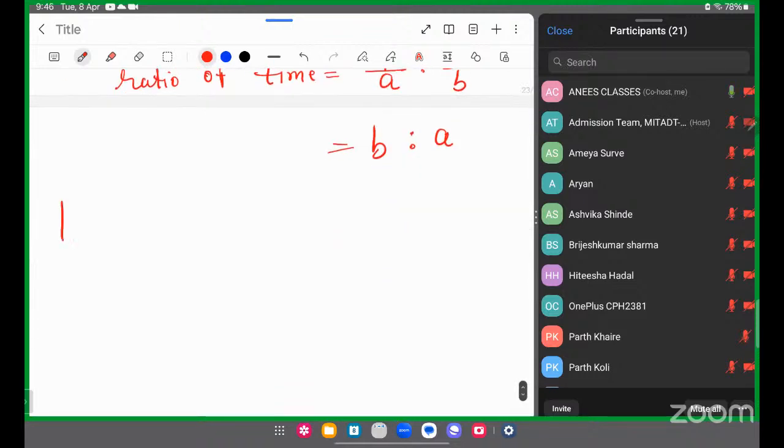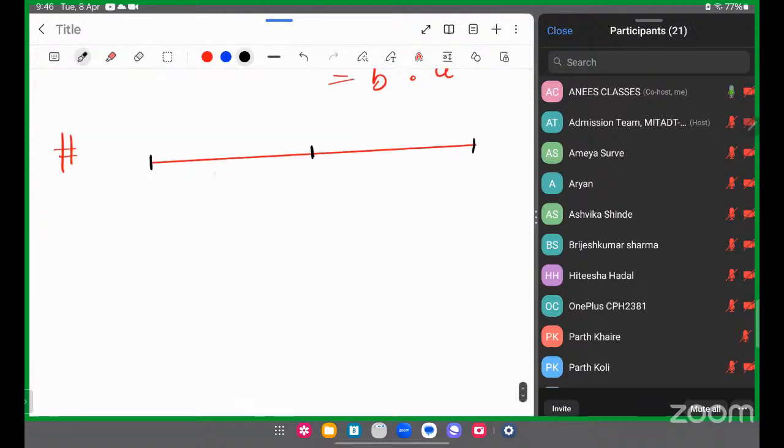Next point is important. Let's say this is a certain distance and this distance is divided into two equal half distances. The first half is covered by speed x kilometer per hour, or x unit, maybe kilometer per hour or maybe meter per second.